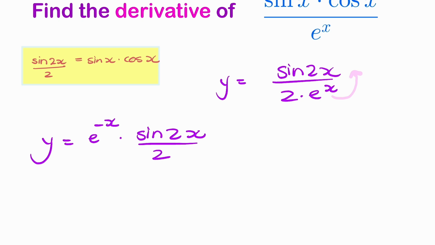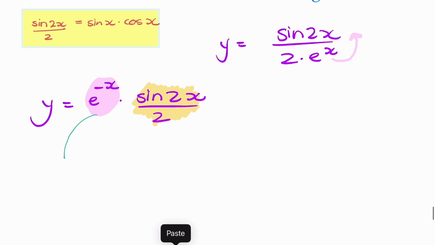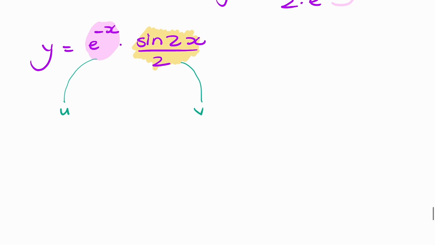And now what we have is a product. We've got our u and v. And we can simply apply the product rule. So if I write it out, this is my u and this is my v. I can say u dash, the derivative of an exponential is simply the exponential multiplied by the derivative of the power, that's the chain rule.